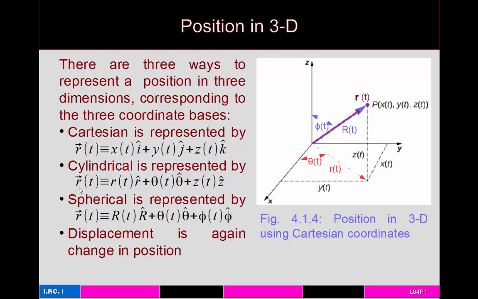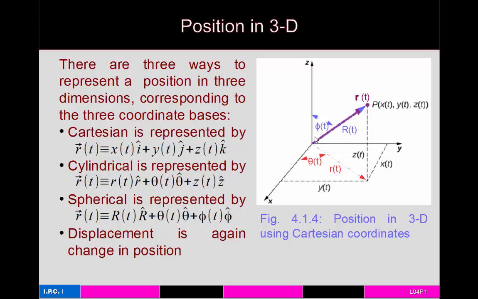The third option is to use spherical coordinates, in which case what we care about is the absolute distance from the origin to the point, so that's big R of t, and then we care still about the polar angle theta of t, and now we use the azimuthal angle phi of t, the angle between the z-axis and this position vector.